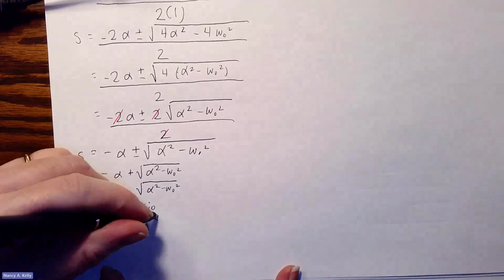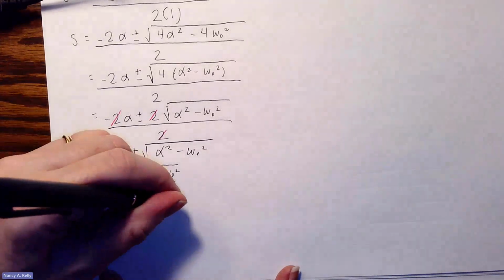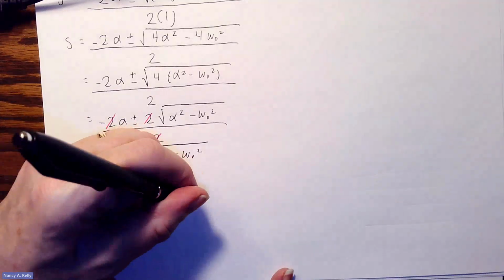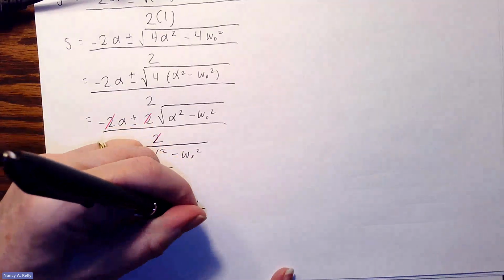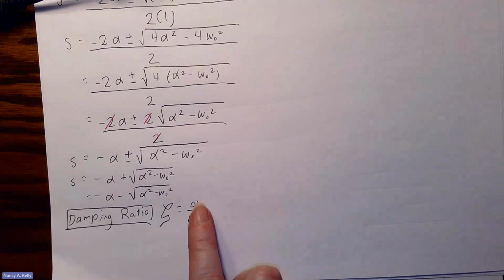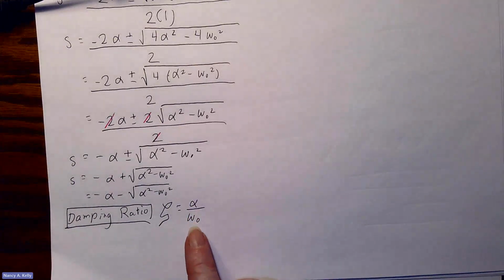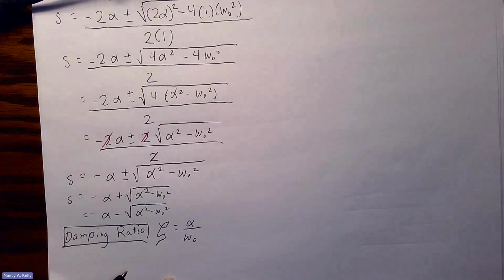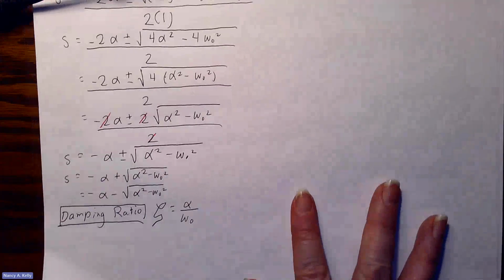We use the Greek letter zeta, and we let it equal alpha over omega 0. Basically, it's the relationship between alpha and omega 0. And so there are a few different possibilities. We can consider them in turn.